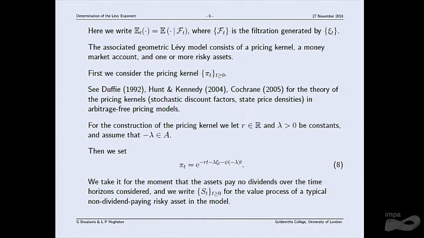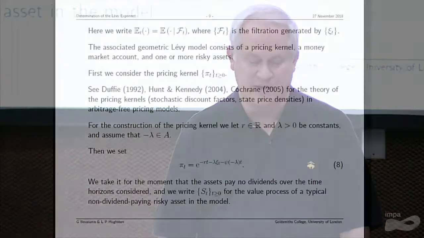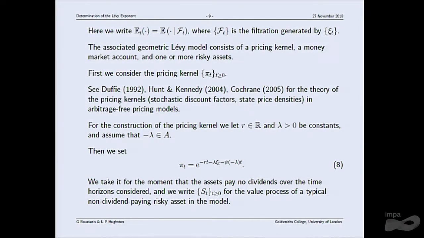So armed with this martingale, then you can begin to build up a class of asset dynamical models. And for a model, basically, you need several ingredients. You need a pricing kernel, a money market account, and one or more risky assets. So first we'll consider the pricing kernel.